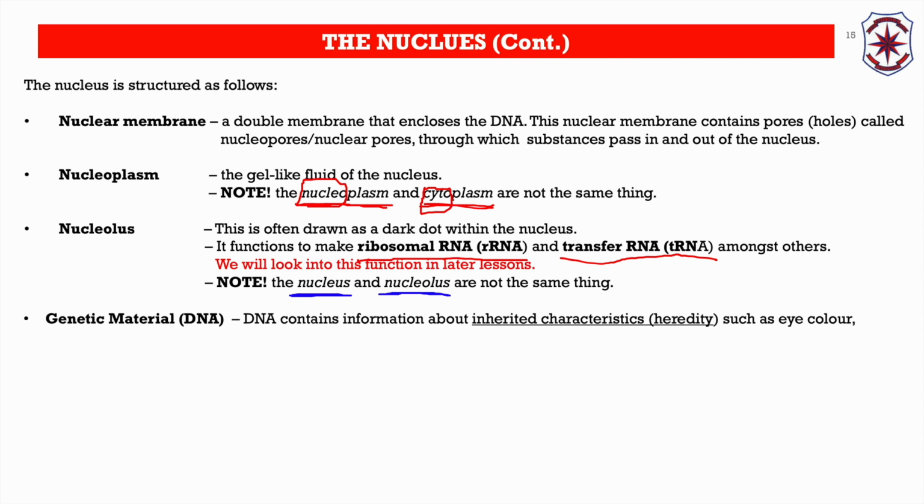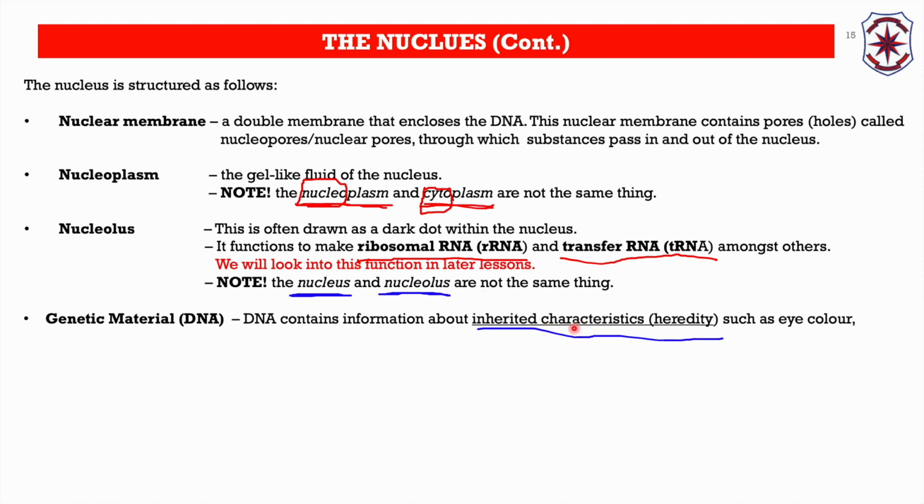The nucleus also contains the cell's genetic material, or DNA, okay? So one of the main functions of the nucleus, we said, is that it contains DNA. So DNA contains information about inherited characteristics. What are inherited characteristics? What is heredity? Now, the word inherited means that you receive from mom and dad, okay?